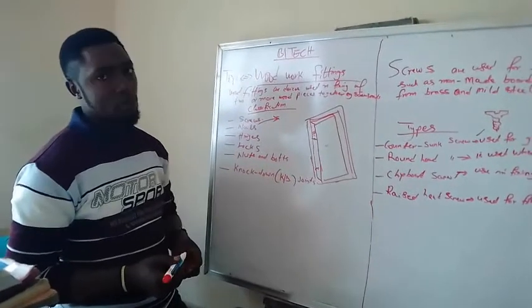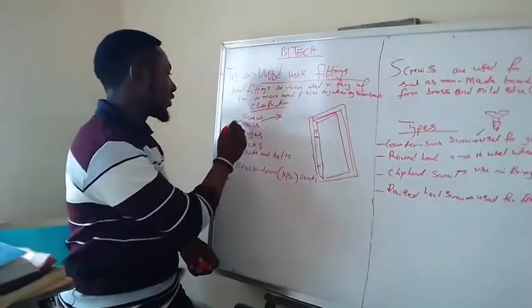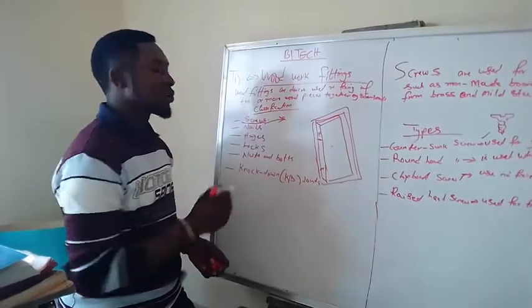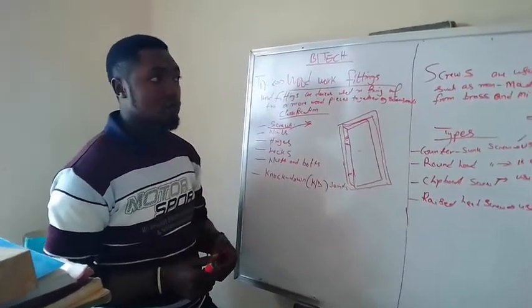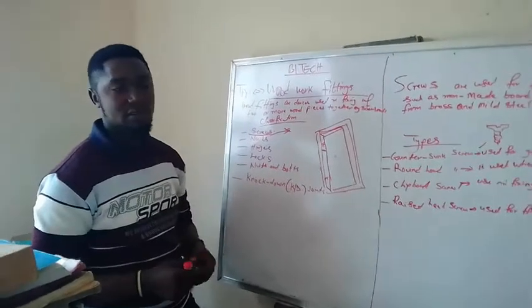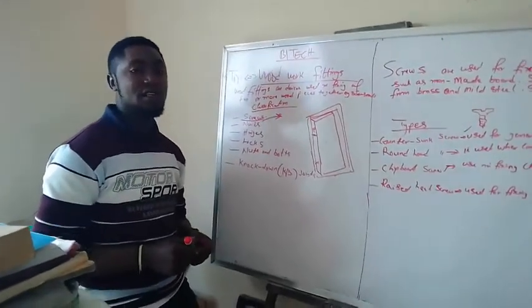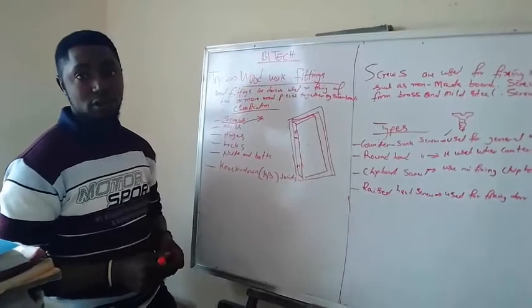Let us discuss them one after the other. Let us start with the first group, which is known as what? Screws. Let us explain screws. Screws are devices which are used in fixing man-made board.